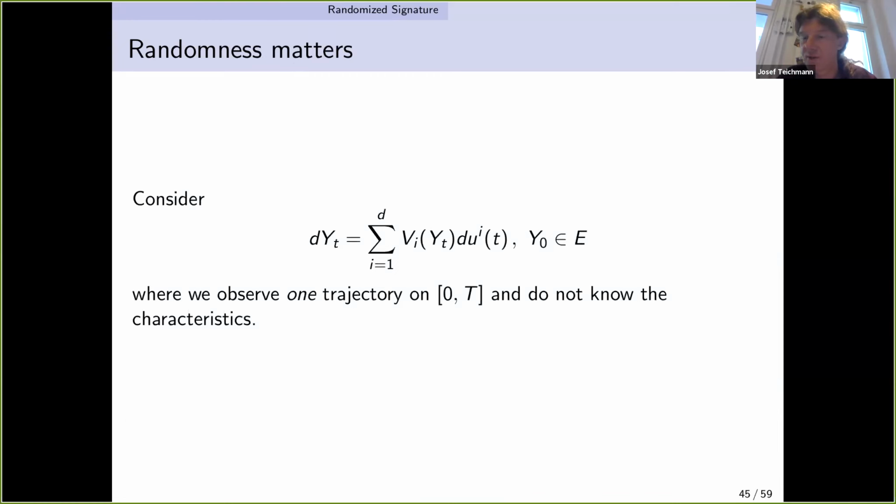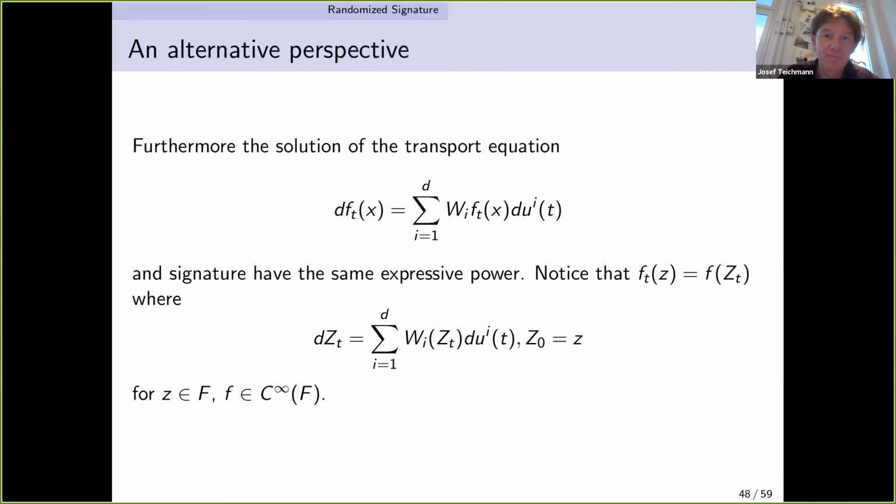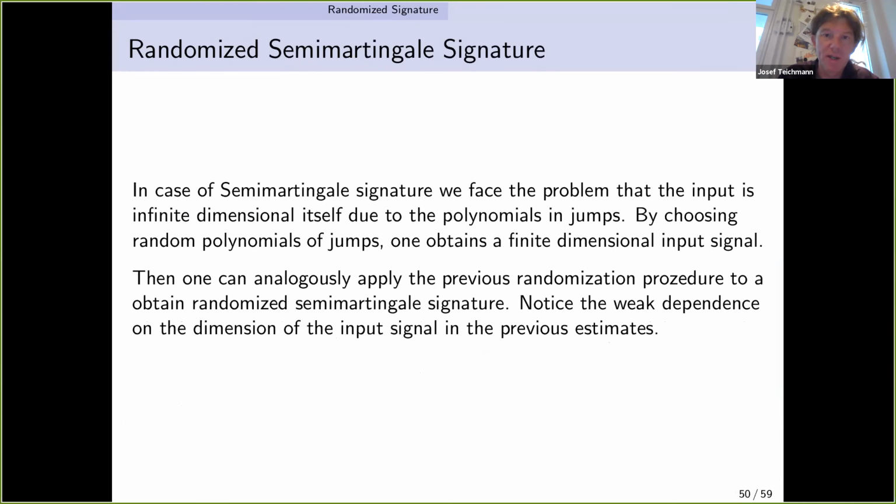So that you can prove. And let me not go into detail here.